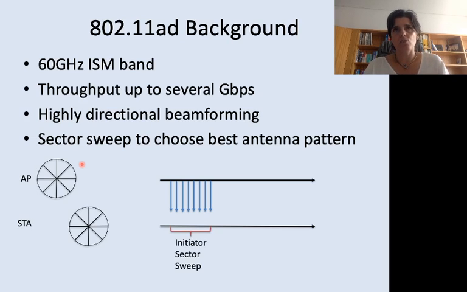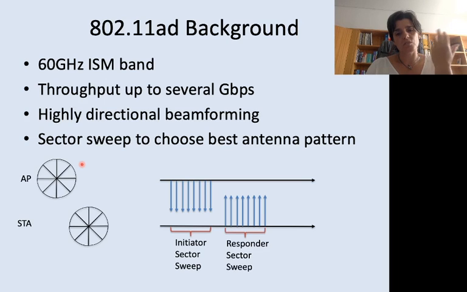The station can now know which is the best sector from the AP, and it will send that information back in a similar manner, by sending on each of its own antenna sectors to the AP.